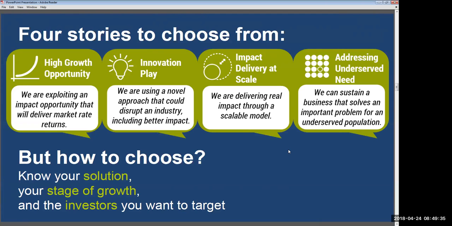So with that example, and I can tell you more of these mismatches, I'm going to go through each of these stories one by one with a little bit more detail. And then I'm going to talk a little bit about how to choose among them. But as I'm doing them, I want you, because most of you are entrepreneurs, to think about which of these stories most resonates with the way that you portray your own business right now.